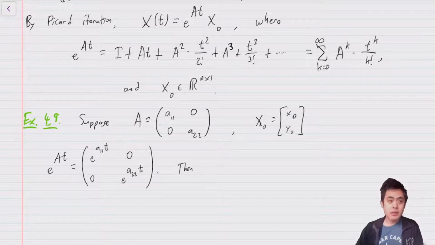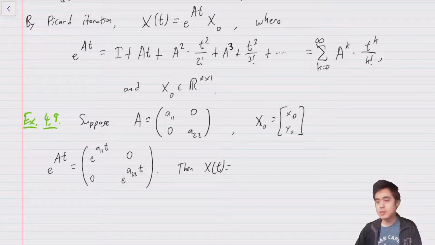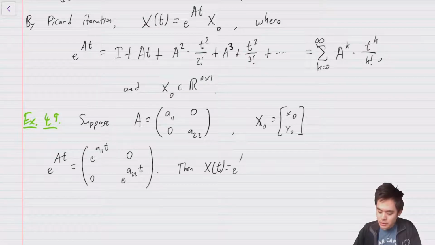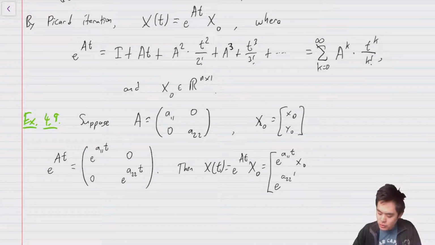Well, then we have that x of t, the general solution to this homogeneous constant coefficient linear system of equations, is going to be equal to e to the At x naught, which of course is equal to multiplying that by x naught, so you end up getting e to the a11 t times x naught, and e to the a22 t times y naught.